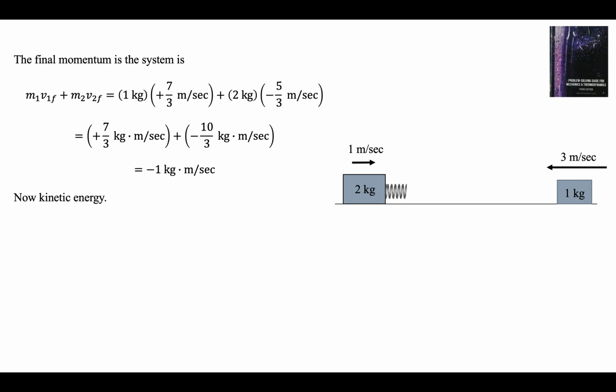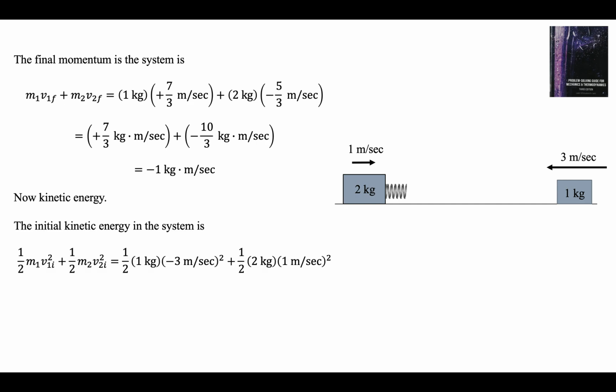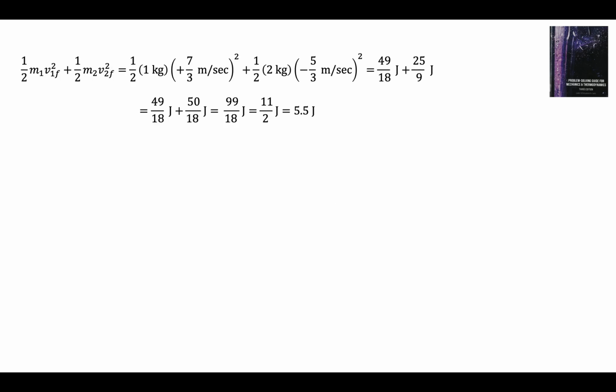Now, let's check kinetic energy, because we assumed the collision was perfectly elastic. No thermal energy is generated. The initial kinetic energy in the system, we calculated this already. It is 5.5 joules. The final kinetic energy in the system, we do 1/2 mv squared for both masses. So 1/2, 1 kilogram, 7/3 squared, plus 1/2, 2 kilograms, minus 5/3 squared.